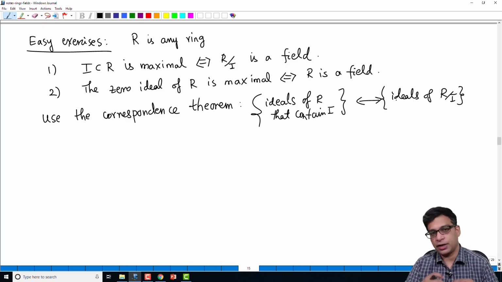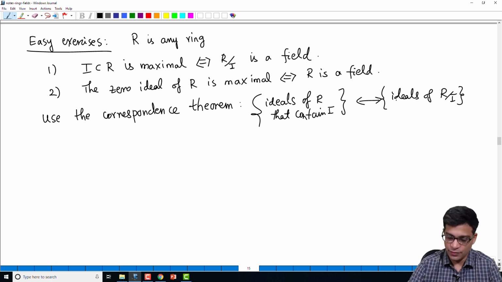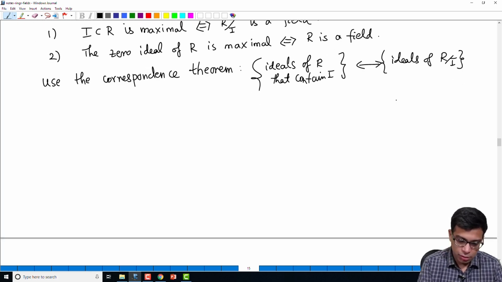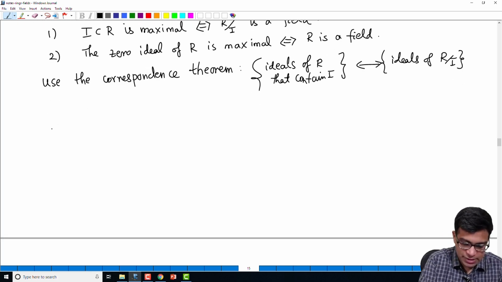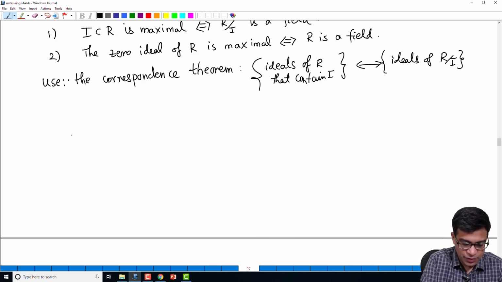If you simply take the canonical natural map from R to R mod I and look at the image of an ideal, this gives you a bijective correspondence between ideals of R that contain I and ideals of R mod I. And we have to use this, and also this fact. So this is the first fact.